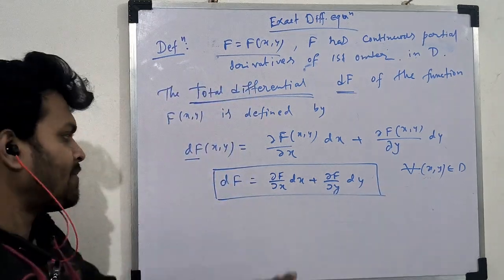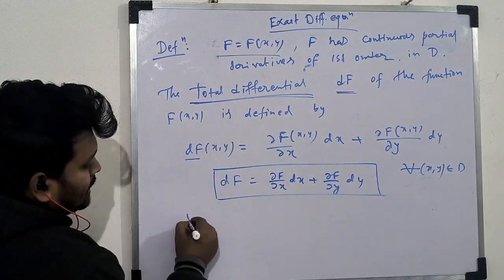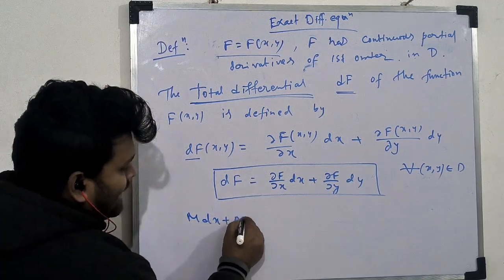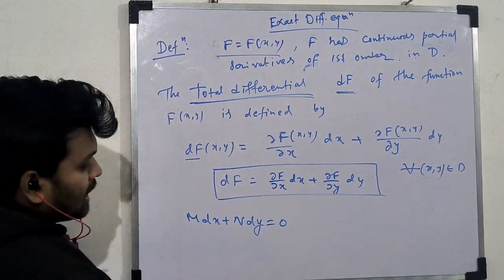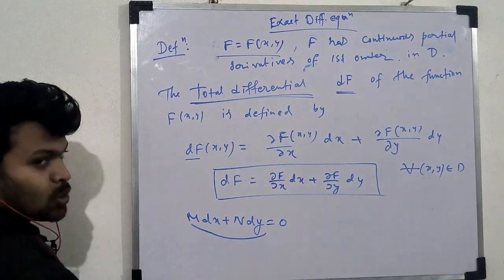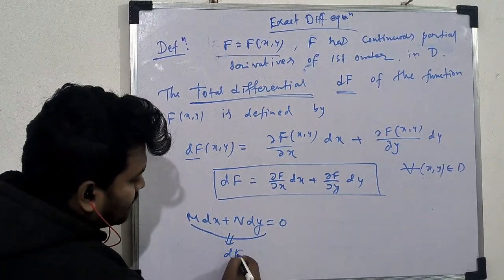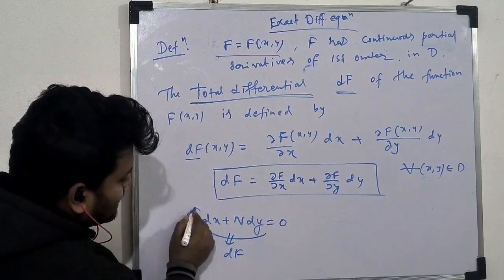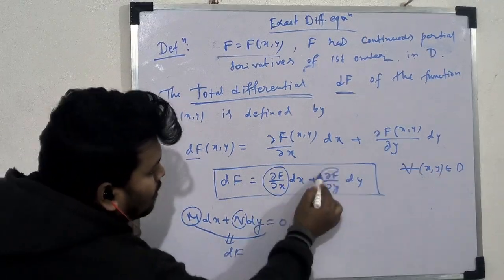So what is the benefit of total differential? If in M dx plus N dy equal to 0 we can write the left side as a total differential, let us consider this is total differential df. So M we can get from this and N we can get from this.